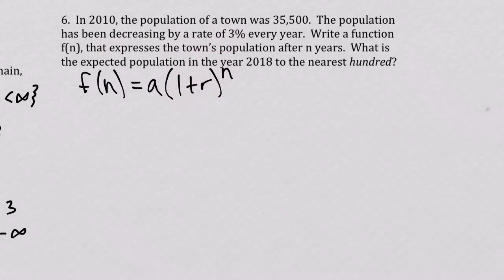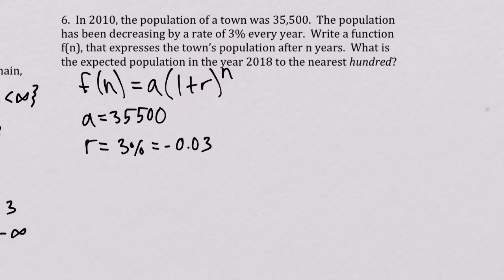So let's see. In this case, the population of the town started at 35,500. That's A, the initial population, initial amount. R is 3%, but change it to a decimal, 0.03, but also it's been decreasing, which makes it negative.